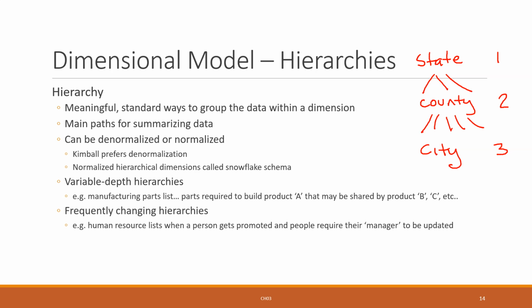Another example might be a product. And of a product, you might have different subproducts, right? So this might be an example where your main product might be your metal products and then your wood products.